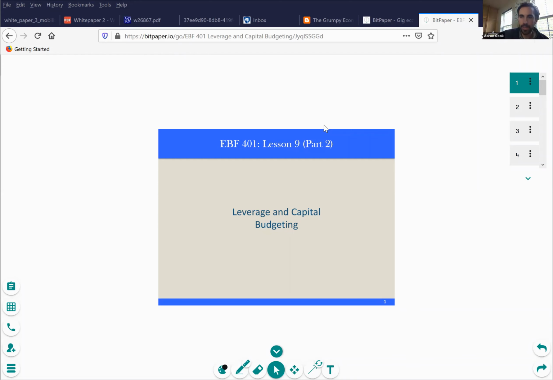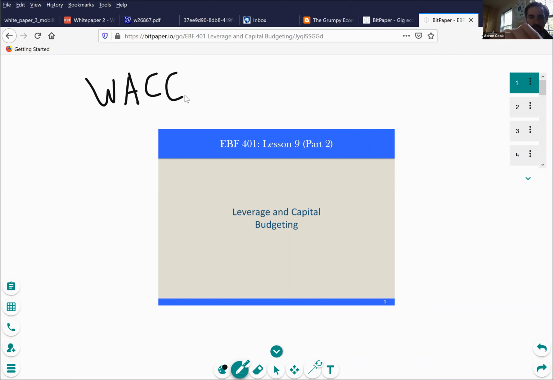Okay, so we talked about the WACC. WACC is what we've been using to discount stuff. It gives us some concept of the required returns to stockholders, and the required returns to bondholders. So in this general structure, we have some share of the firm or the project that's financed with equity.